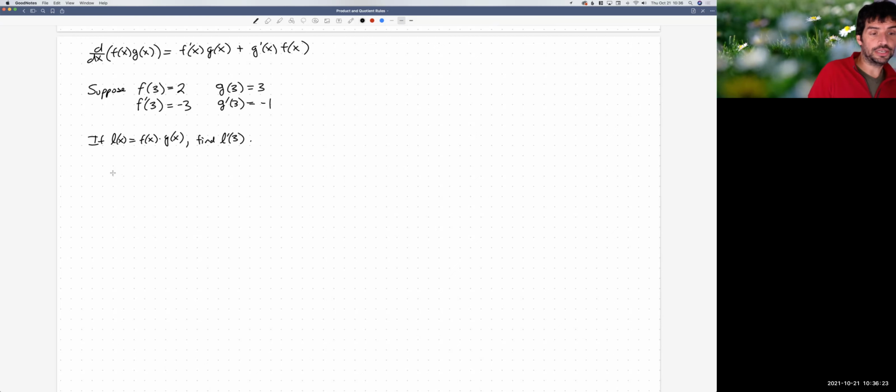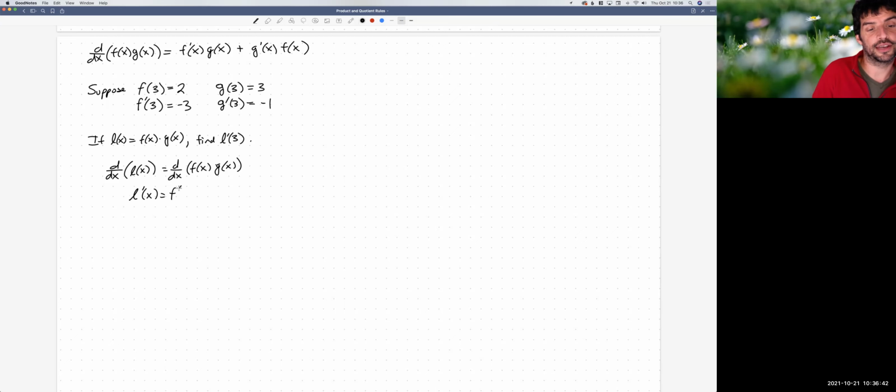Well, what we know is that L prime of 3 is going to be the derivative. So if we take the derivative of L of x, it means we're taking the derivative of f of x times g of x, which means L prime of x is equal to f prime of x, g of x plus g prime of x, f of x.